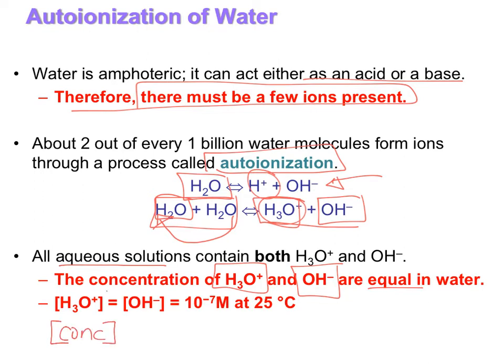So the concentration of H3O plus, hydronium, or hydroxide, OH minus, is actually 10 to the negative 7th molar. So it has a very specific concentration, 10 to the negative 7th, specifically at 25 degrees C. This is just like common room temp. That's the concentration of either of them in water at 25 degrees C. So keep this number in mind.